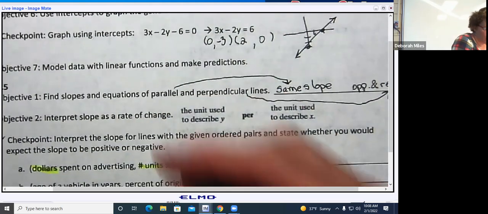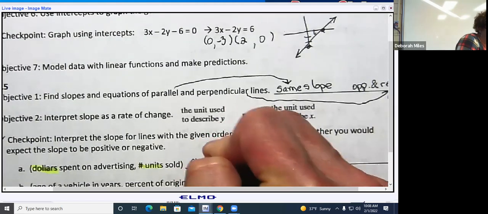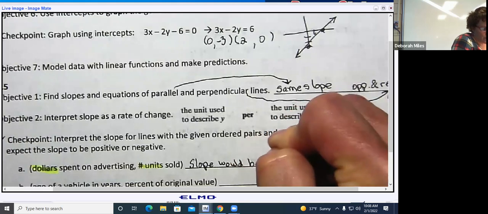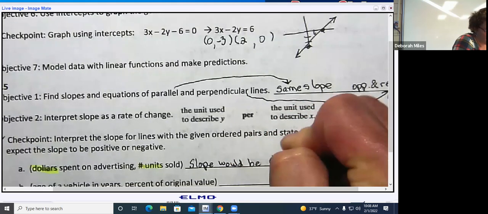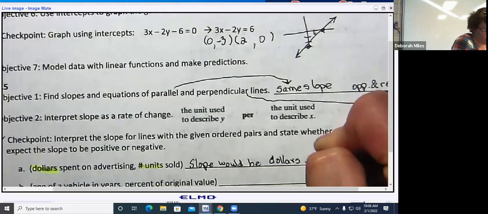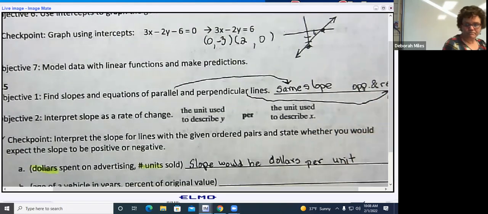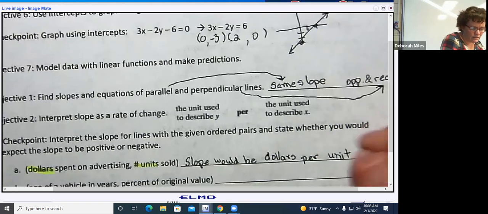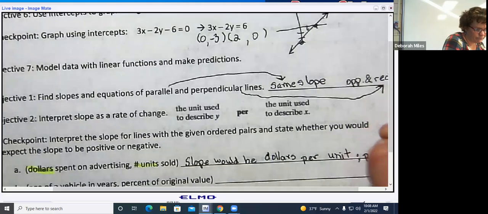My slope would be dollars per unit. If the slope was 2/3, that would mean for every $2 I spend on advertising, I'm going to sell 3 more units. And like we said, I would expect that to be positive.